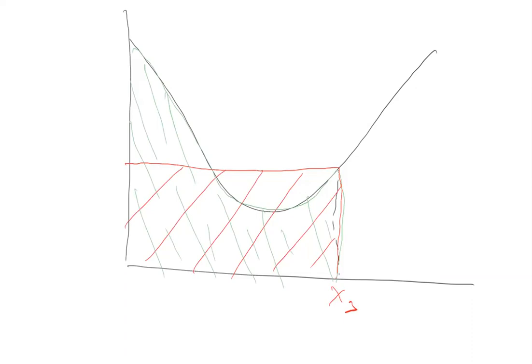Clear? Now, imagine the area of this particular portion and the area of this particular portion are exactly equal. If this one and this one are equal, then which reactor will you select? CSTR or PFR, or doesn't matter? CSTR is equal to PFR.